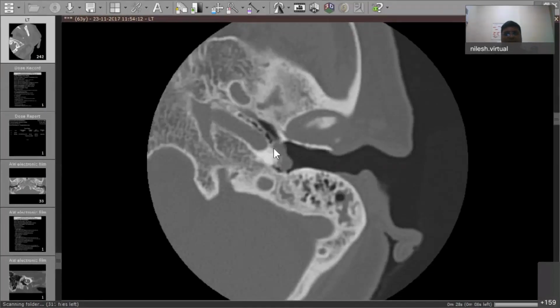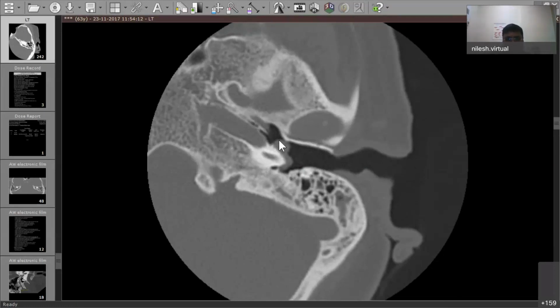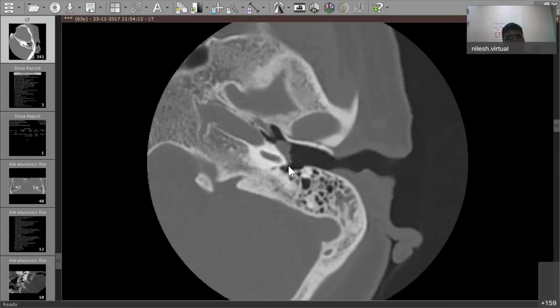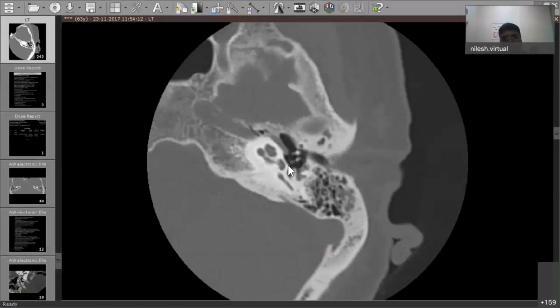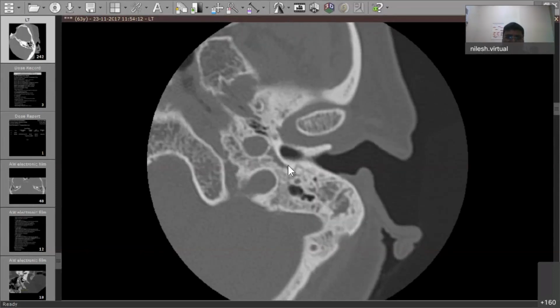So you can see the soft tissue mass sitting over the promontory. This is the basal turn of cochlea, and it is going and occupying the mouth of the eustachian tube orifice also. So it is a smooth mass, looks limited to middle ear.